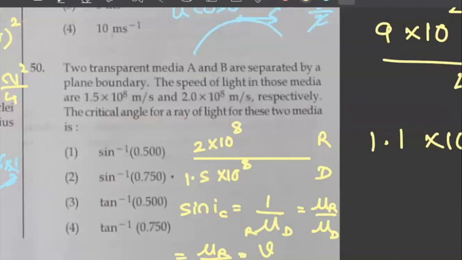So this is V denser, and I should have V rarer. So denser is 1.5 and this is 2, so that's 3 by 4, which is 0.75. So sine inverse of 0.75, and that's the end of your paper.